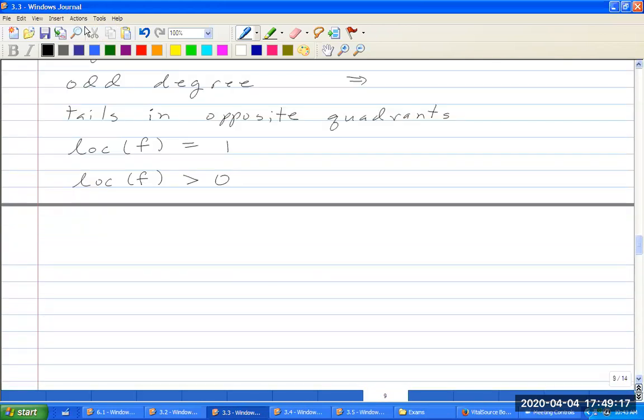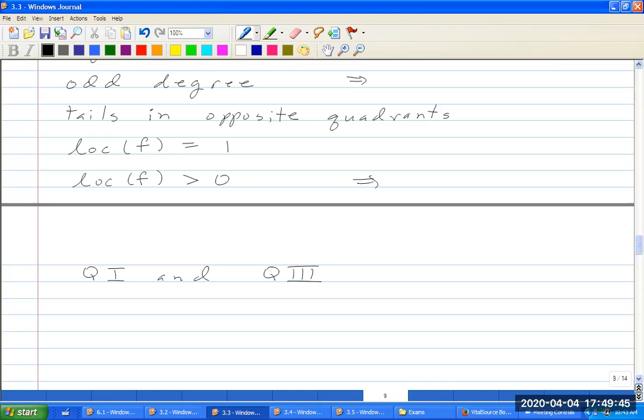So that says that we go up into the first quadrant, and opposite the first quadrant will be the third quadrant. So I want to go up into the first quadrant, and down into the third quadrant.